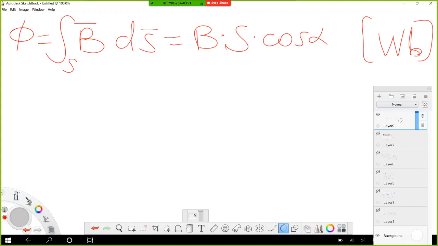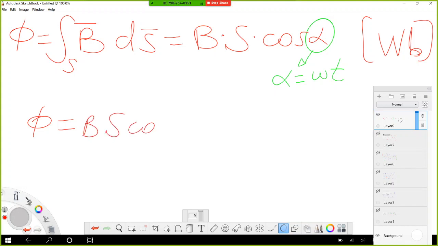Alpha here is the rotation angle of our closed loop at some time, and alpha is equal to the rotational speed of our loop times time, so we get phi equal to B S cosine omega t.